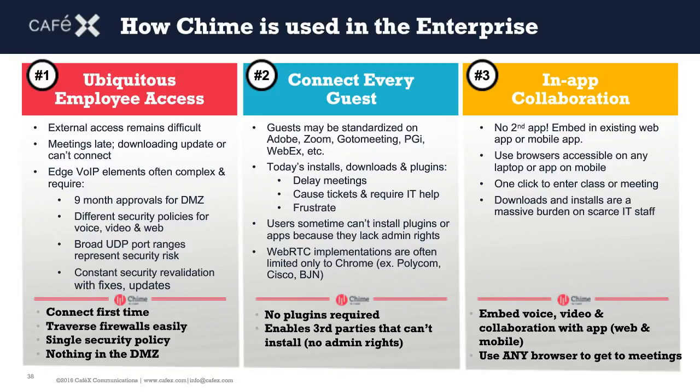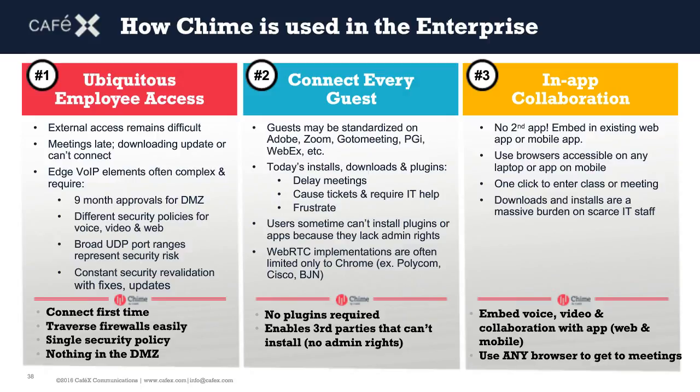With Chime, there are really three use cases that Chime's trying to address for our enterprise customers. One is ubiquitous employee access for those employees who are remote or who are working from their desktop, that they can reach those telepresence systems that are internal to that enterprise.